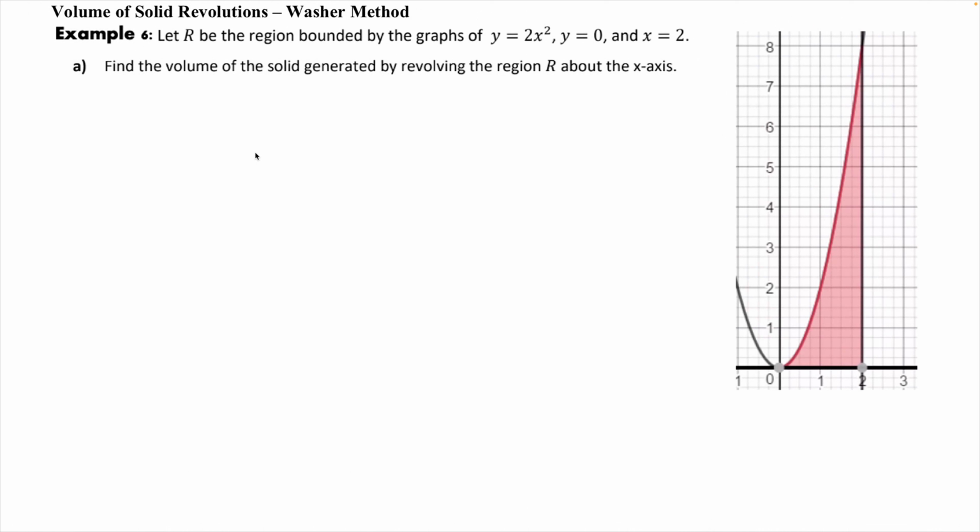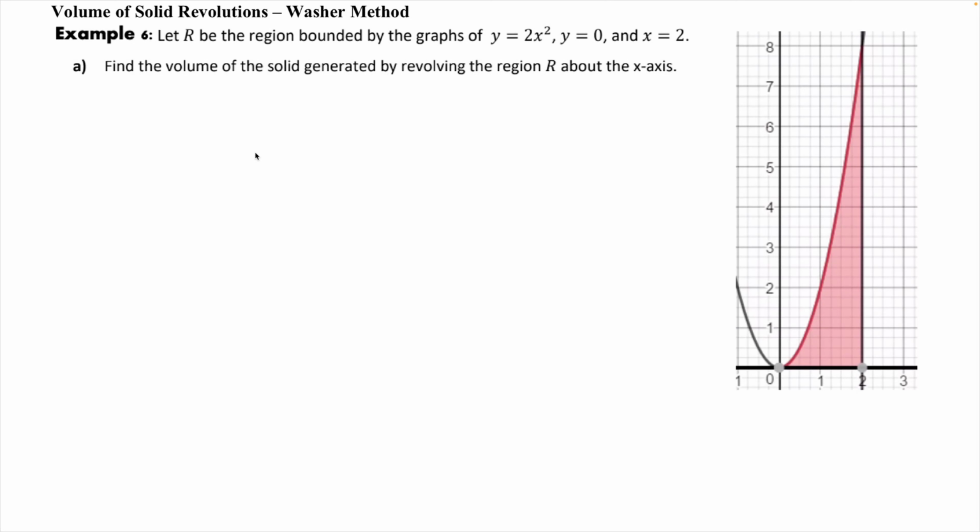You can if you want, but you got a picture there, so, right? So 6a says find the volume. The graph has 3 parts to it, 3 graphs. Y equals 2x squared, that's the parabola. Y equals 0, that's the x-axis. And x equals 2. Okay?